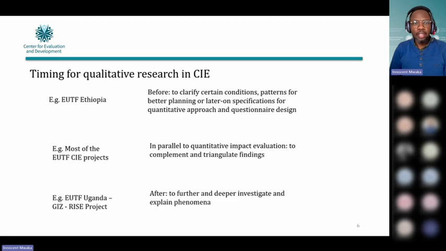So there are mainly three phases where the qualitative approach can come in when we're doing the CIEs.